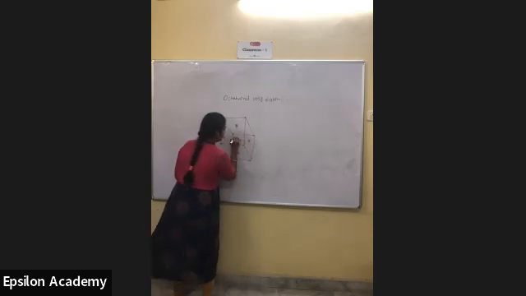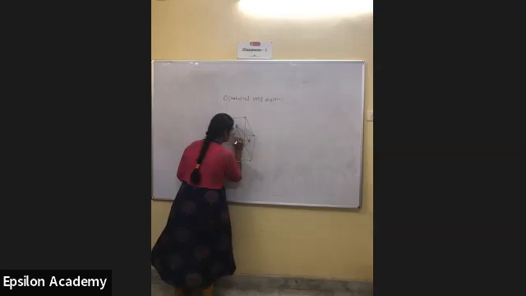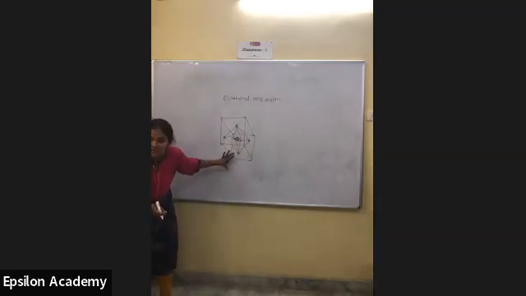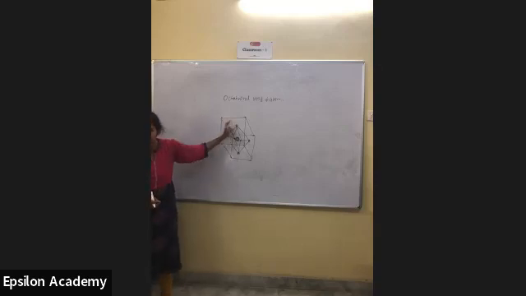This is FCC, right? Connecting all these points, here is the octahedral void at the center. One at the edge is also an octahedral void, 1 into 1 by 4. Totally we said it's 4, but I'm taking only the center because we need to derive the radius.